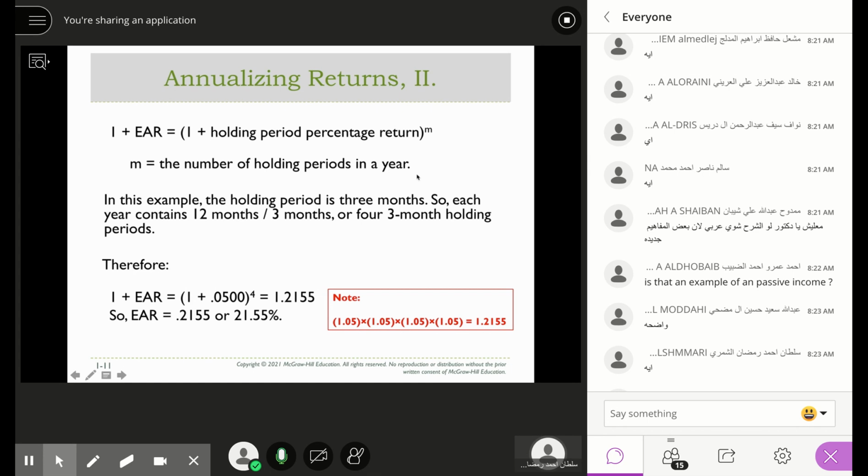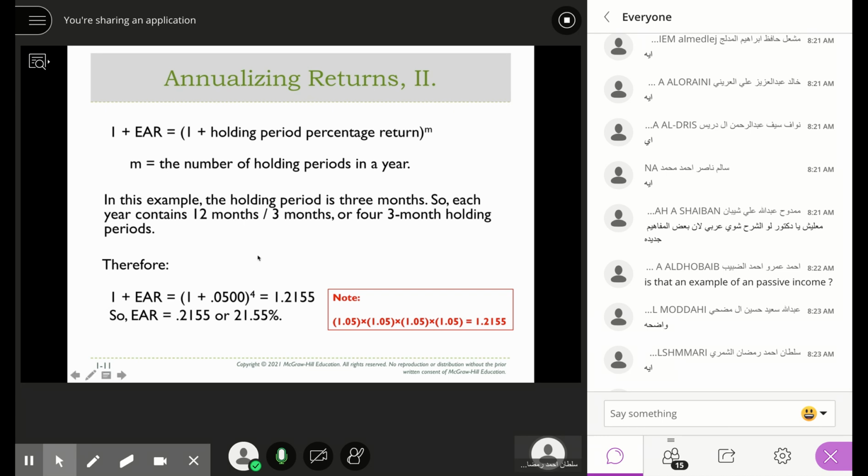The formula for computing annualized return is: 1 plus effective annual return equals 1 plus holding period percentage return, to the power of m. M is the number of holding periods in a year. We will go through this and you will understand it, inshallah.